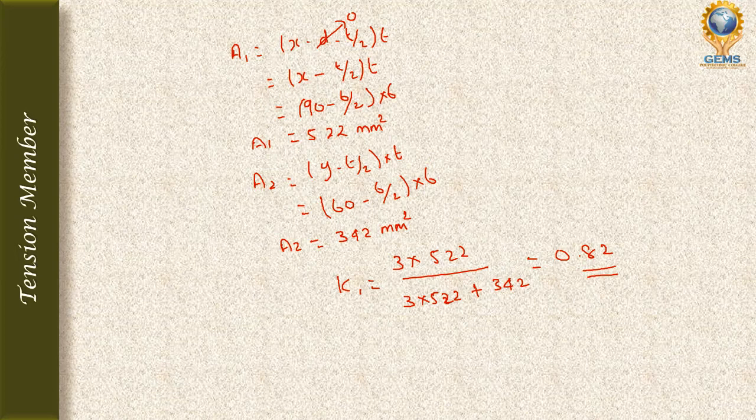So we know A1, A2 and K1, and we can find the net effective area. Area of the net is equal to A1, that is 522, plus K1 value 0.82 into A2 value 342. So it comes as 802.44 mm². This area net is greater than our required 769.23 mm².